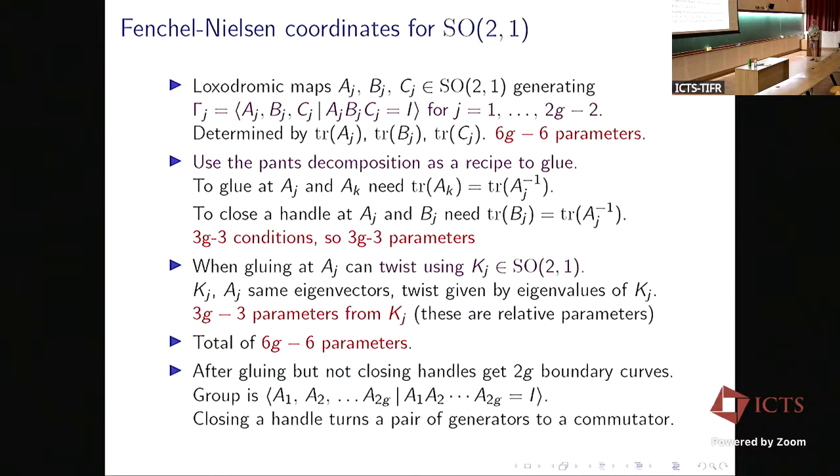And then when I glue, I have some relative parameters, which are the eigenvalues of these maps K, who have the same eigenvectors as the corresponding AJ. And that gives me 6G minus 6 parameters.